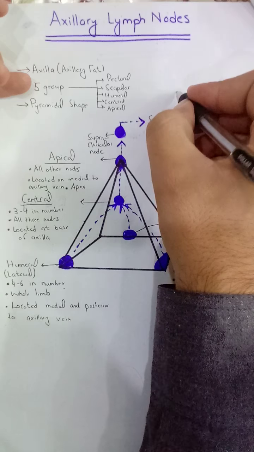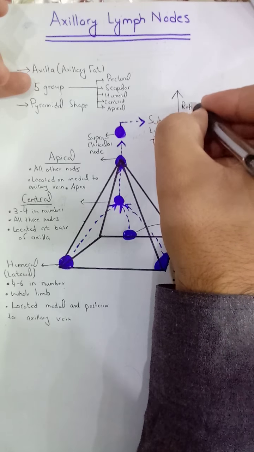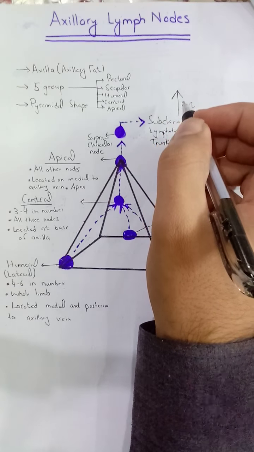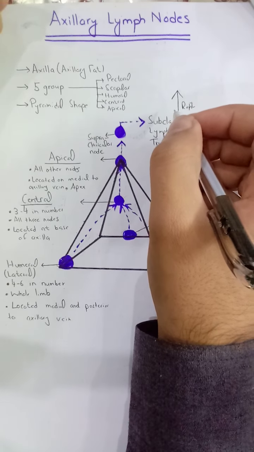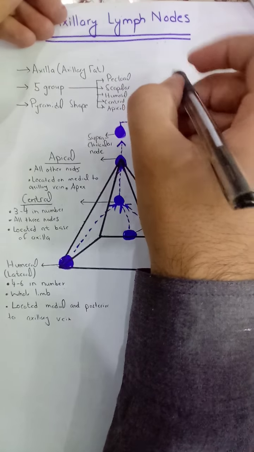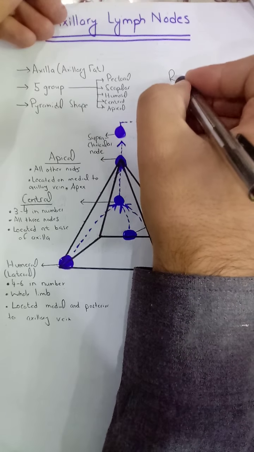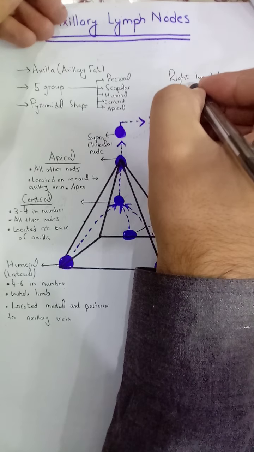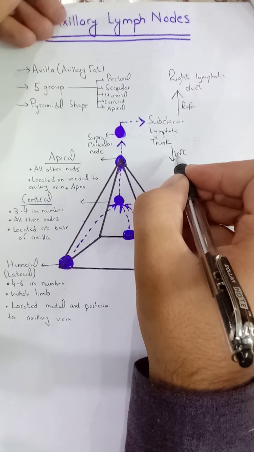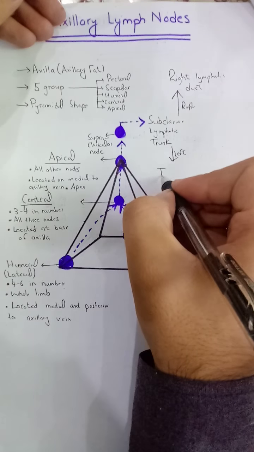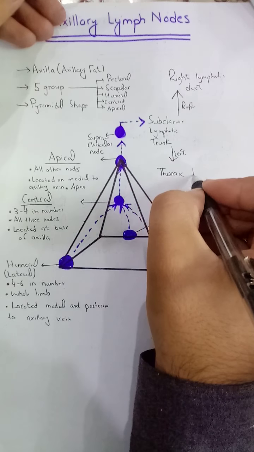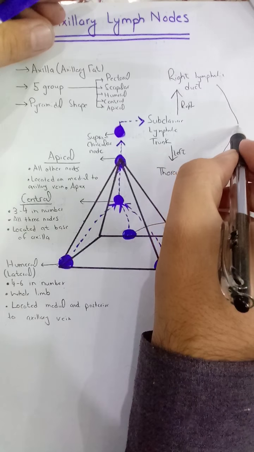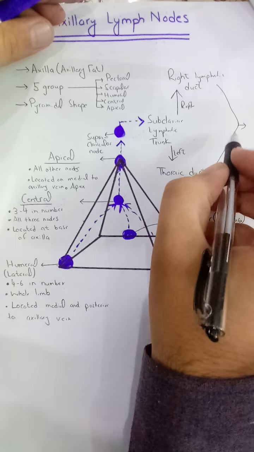When it moves toward the right side, it will go to the right lymphatic duct. And when it moves toward the left side, it will go to the thoracic duct. And from both of these, the lymph will then ultimately drain into the venous angle.